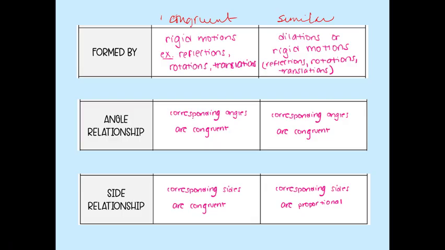Angle relationship: corresponding angles are congruent. Remember, in both of these, the angles have the same measurement. However, on the side relationship, corresponding sides are congruent, which means they measure the same, but in similar figures the sides are proportional, meaning that they have equal ratios on the sides, and we'll talk a little bit about that.